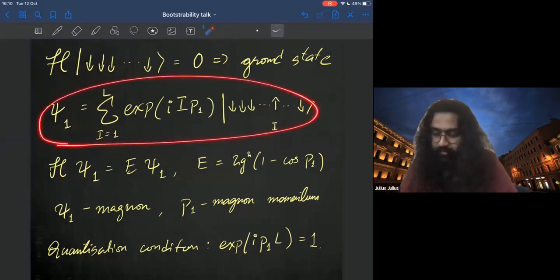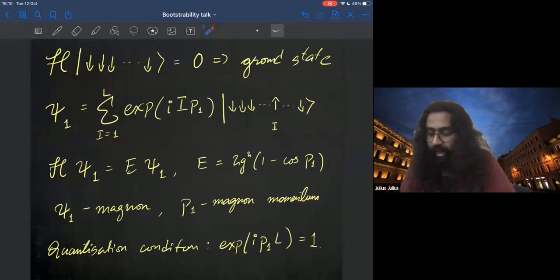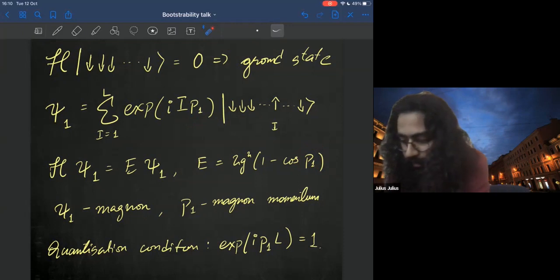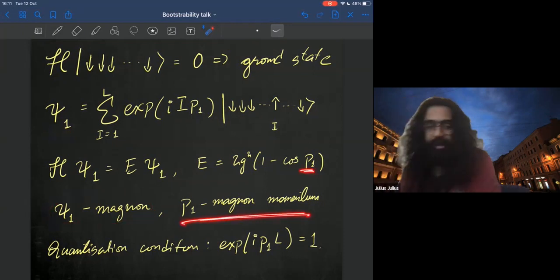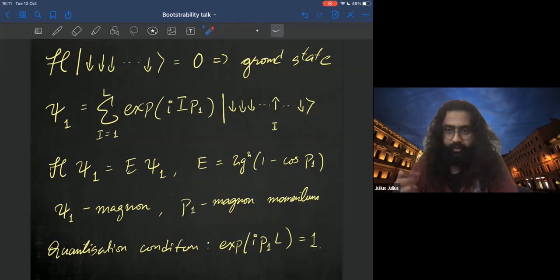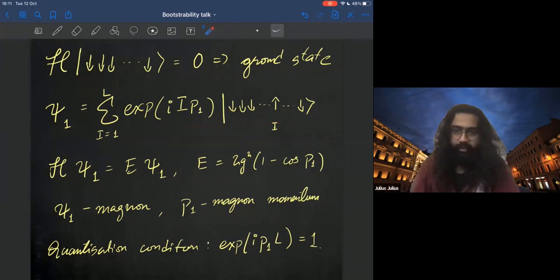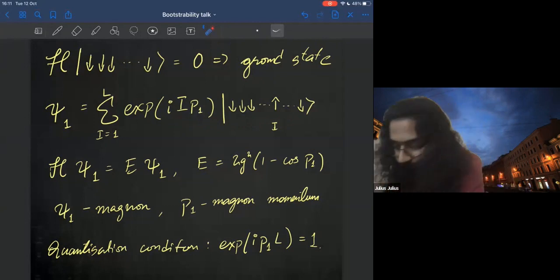Now, these states are eigenstates of the Hamiltonian, and they have some energy, which is given here, where p1 is the same thing that we had here. So in order to introduce some notation, psi1 is called a magnon, and this p1 here can be thought of as a momentum associated with the magnon. It's called a magnon because you can think about this as a kind of wave moving through the chain.